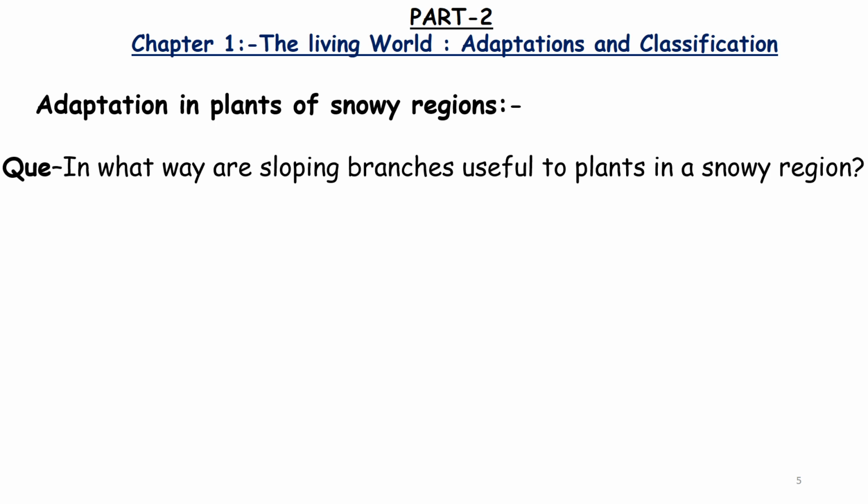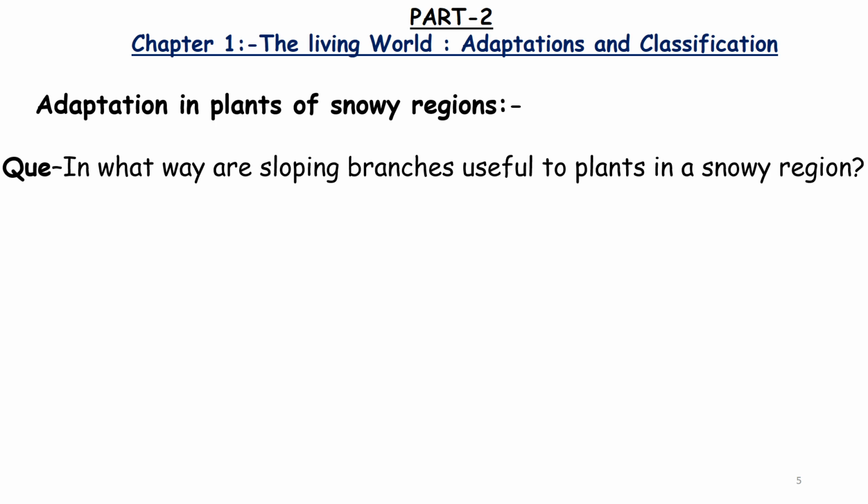The snow should naturally fall off from the branches. As in the snowy region, there is very heavy snowfall. And this snow should naturally fall off from the branches and should not remain on the tree top. Yes? And therefore, the plants in the snowy regions have sloping branches. Understood?